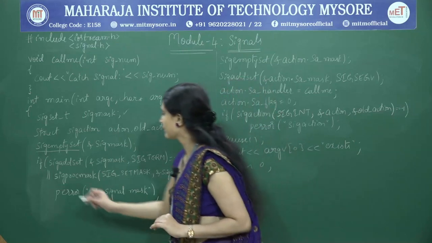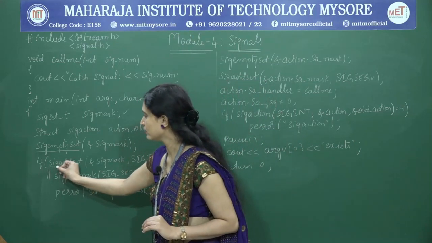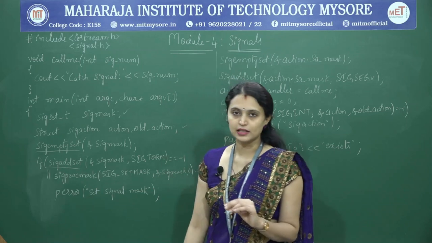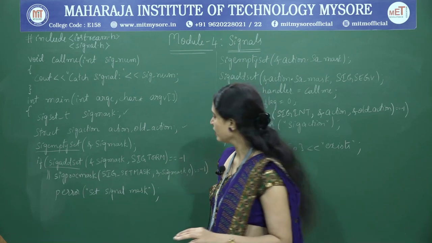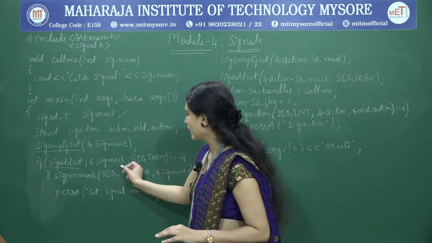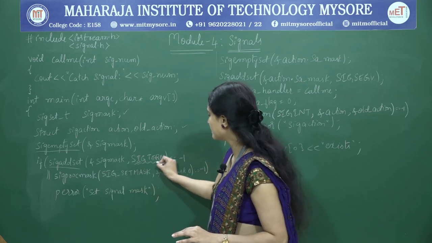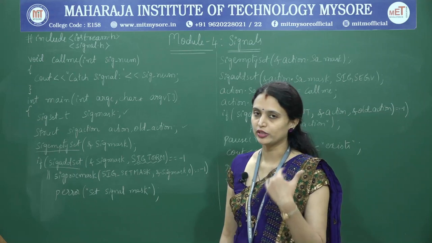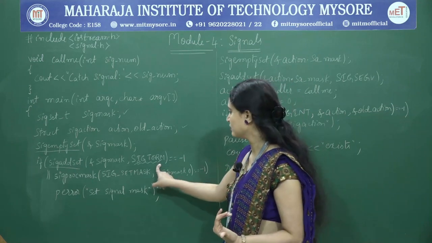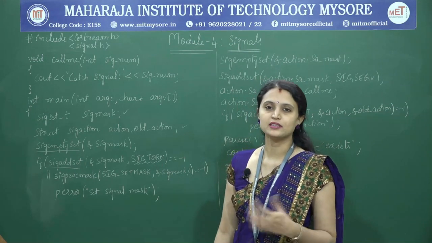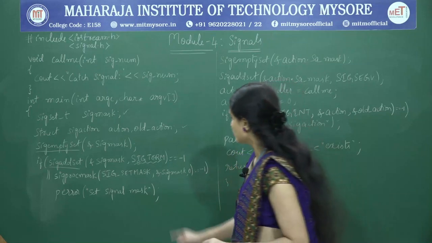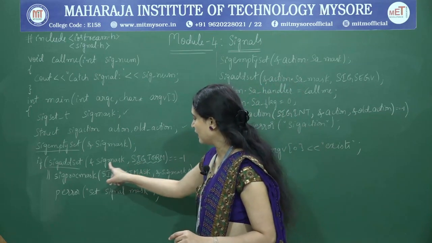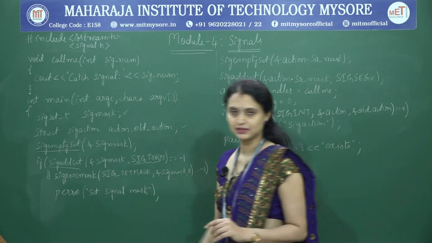Next we are calling another function, sigaddset. What are we adding? We are adding the SIGTERM signal. We have already discussed that SIGTERM is for process termination. So SIGTERM is getting added to this signal mask.